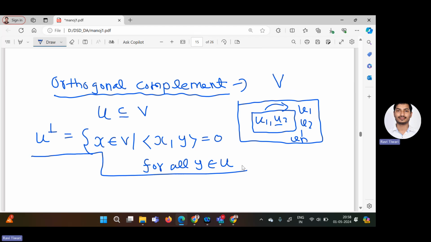Now, how do we calculate the orthogonal complement? Let us assume one problem.